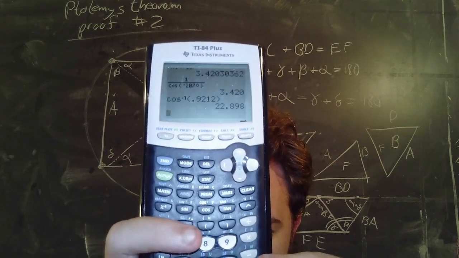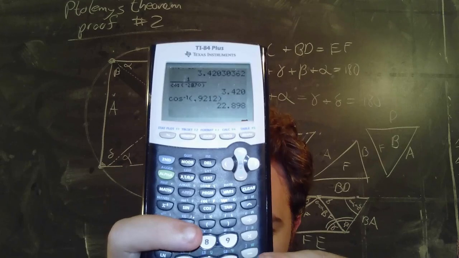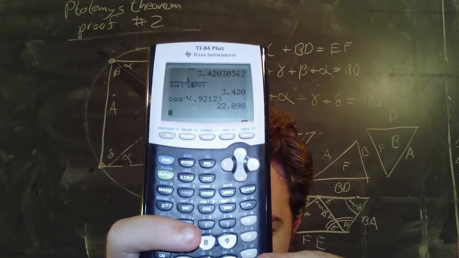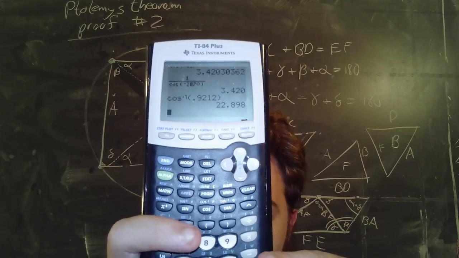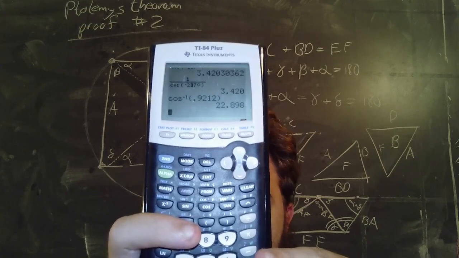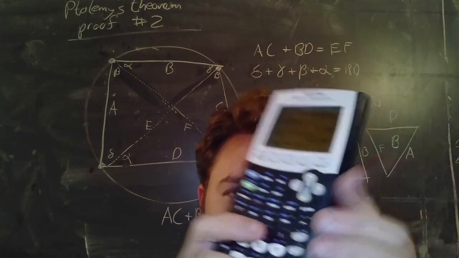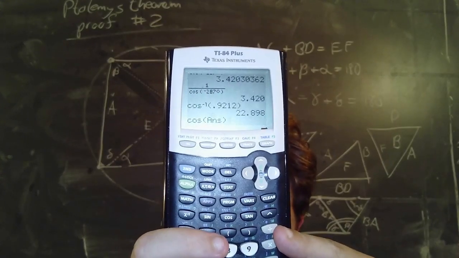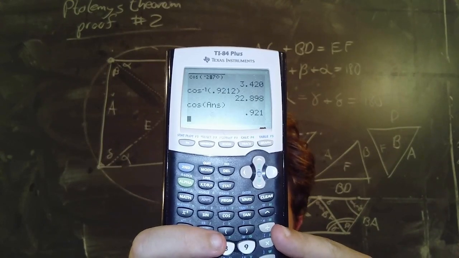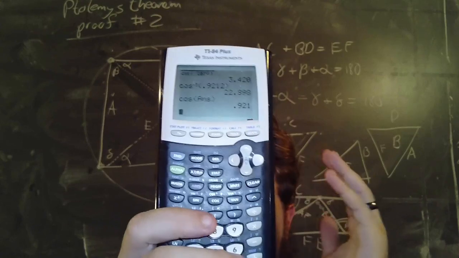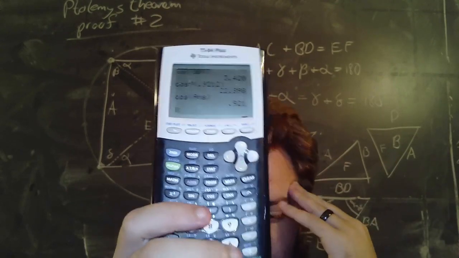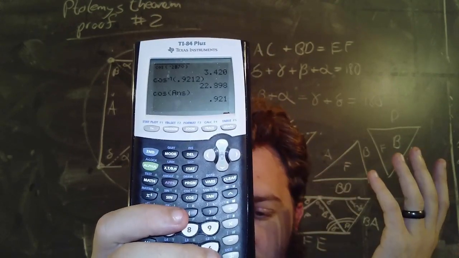Well, that means that if I take the cosine of 22.898 degrees, then it will have the measure 0.9212. Okay, so I can show that very quickly. Just if I take the cosine of that angle, 0.921, and I've got it fixed for 3 decimals right now, which is why it's not showing the 2 on the end, but it's 0.9212.